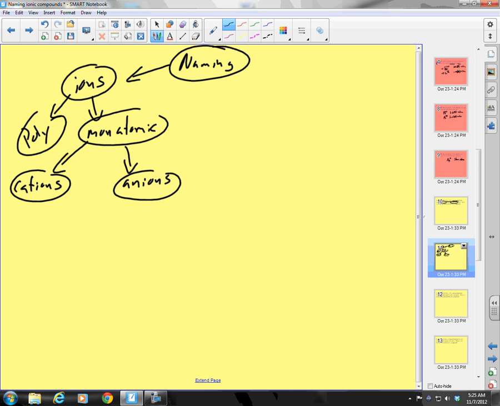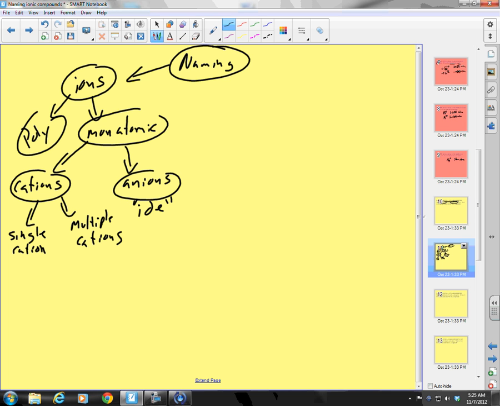And with anions, we take a stem and we put the word "ide." And then in cations, we have really two types of cations. We have single cations, we might call them elements that form just one cation, and then we have elements which form multiple cations, right?